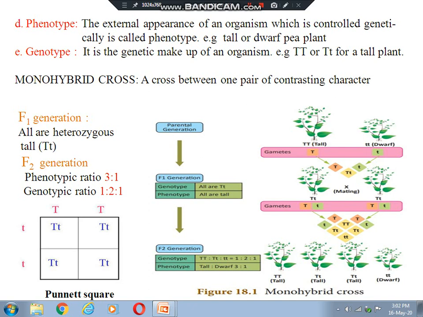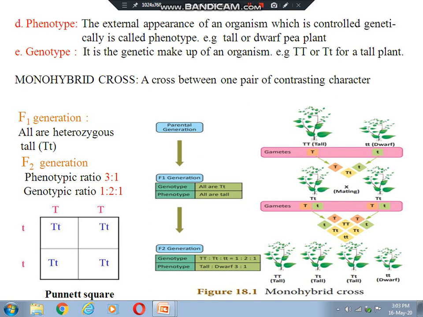We have already learned that height is the character and two alternative forms of height are tall and dwarf. So you just go through the diagram given on the right hand side. Mendel has taken two pea plants. One is pure tall or homozygous tall. Homo means same. Another one is pure dwarf or homozygous dwarf.